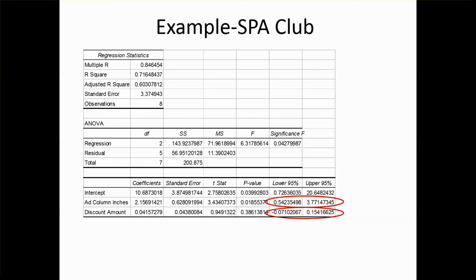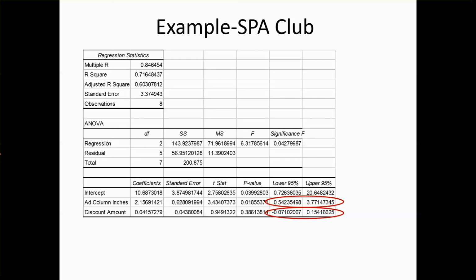So the confidence interval for the partial coefficient related to the size of the advertisement is the intersection between the lower 95% and upper 95% columns and the row for column inches. You will find that the confidence interval for the partial coefficient related to the ad size is between 0.54235498 and 3.77147345. Obviously, 0 is not included, and we can conclude that the size of the advertisement will significantly affect our number of new customers.